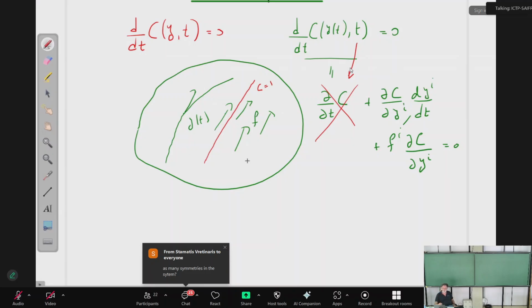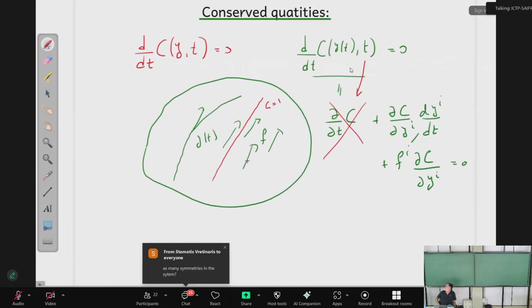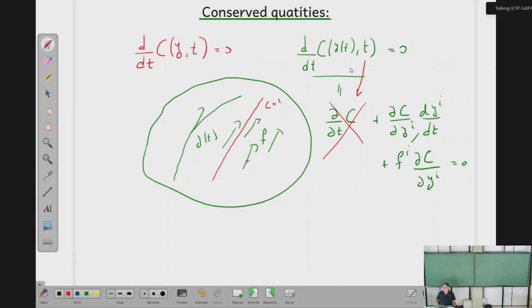Okay, let me construct for you some conserved quantities. Yeah, these are the globals, in some sense global. But I'm just thinking about without any structure. They are trivial, but they are nevertheless, according to the definition, conserved. So let me construct them.